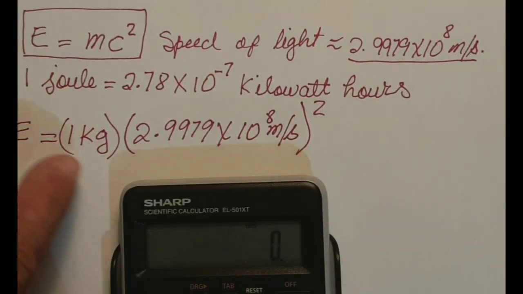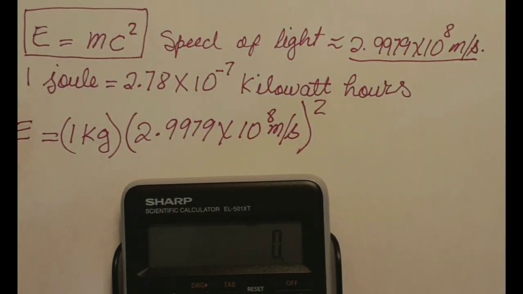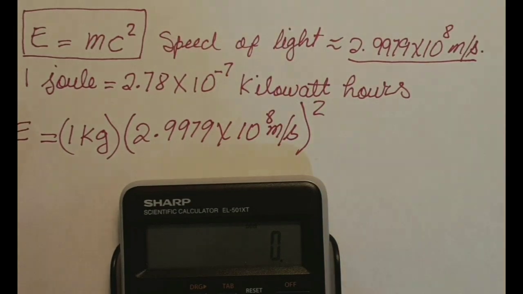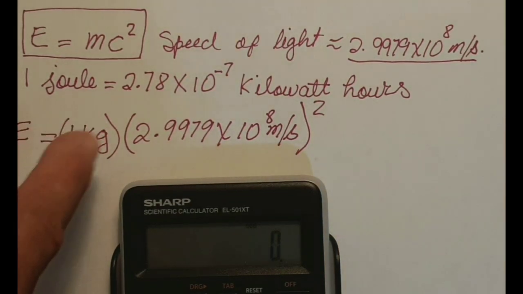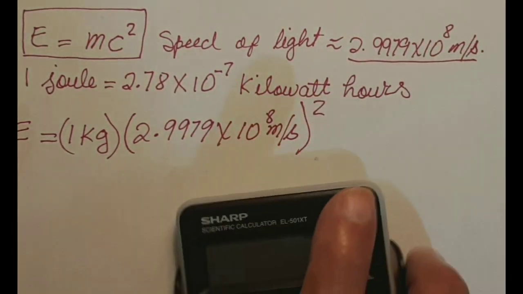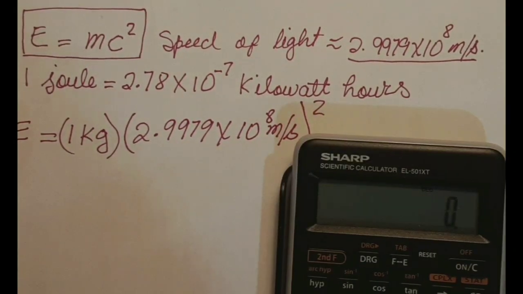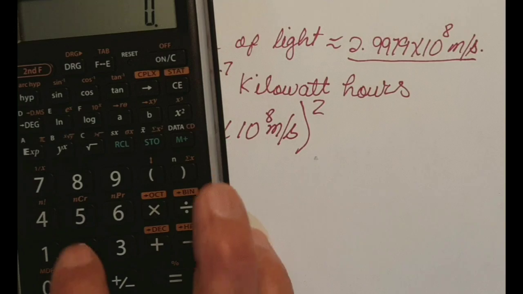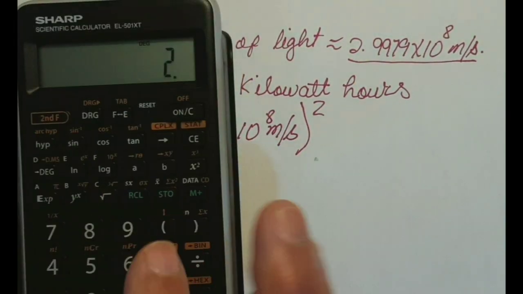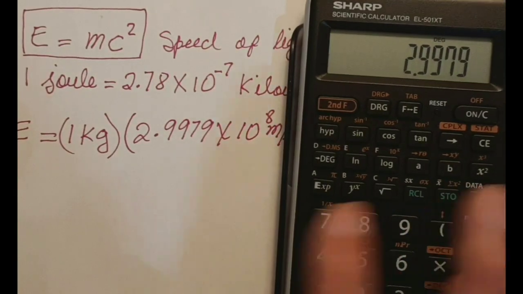If we multiply 1 times another quantity, it's gonna be that same quantity, because 1 multiplied by another number is the other number. So this is gonna be this quantity, and at the same time we square it. Okay, write it down: 2.9979, exponent.